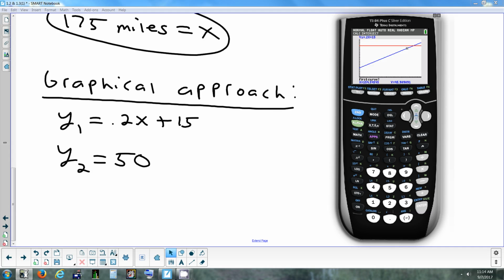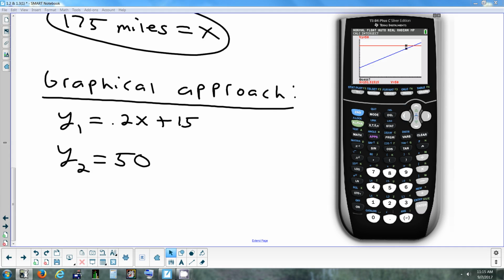Now, to use this, you're going to have to press enter 3 times. The first time you press enter, you're saying, all right, I want you to use the blue line. The second time, I want you to use the red line. Because if you had a blue line, a red line, a green line, a black line, maybe you want to find where the green and the black cross, or where the red and the black cross.